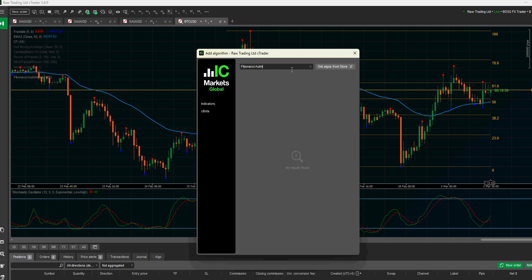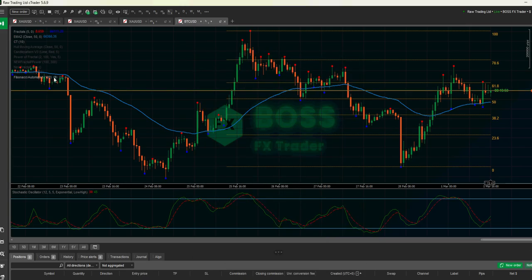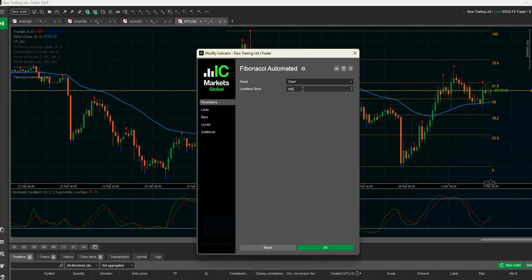All right, automated, and then boom, add it on your chart. Once you add it, you can also set the lookback. If you are scalping, you can set it to 50 to 80 bars, right? The lookback, it depends on you guys.